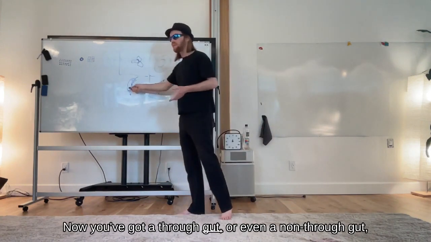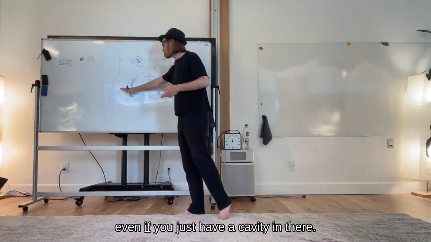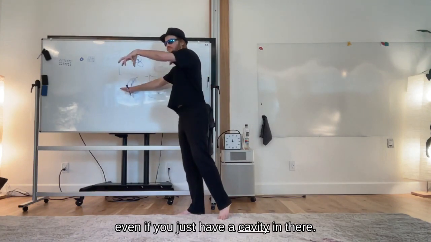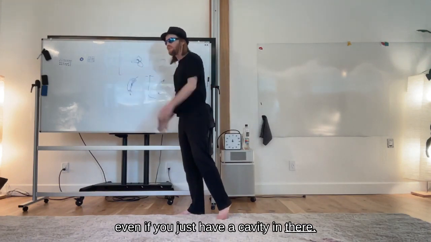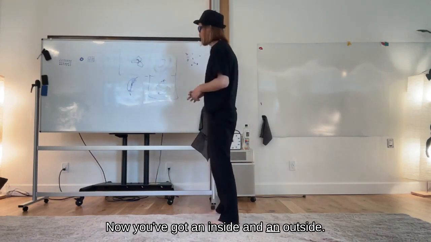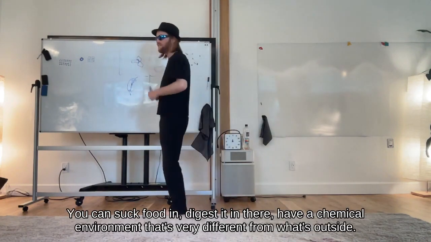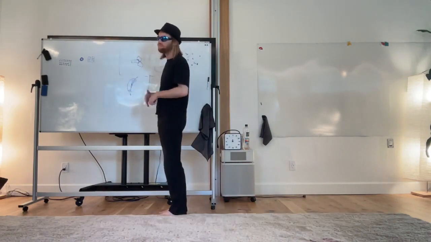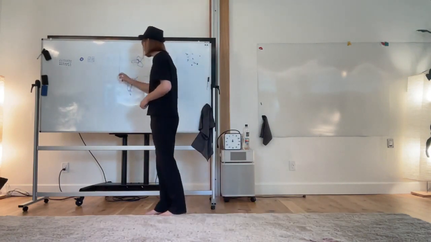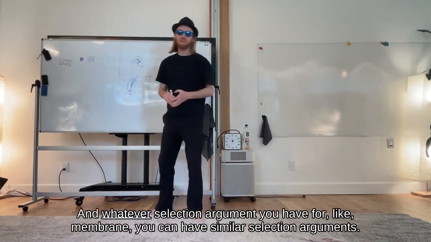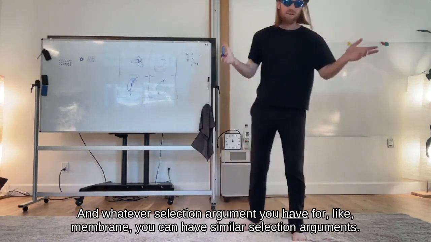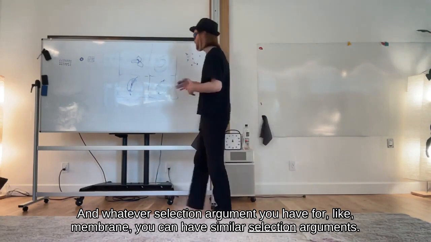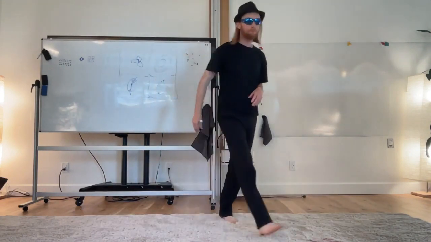Now you've got a through gut, or even a non-through gut, even if you just have a sort of cavity in there. Now you've got an inside and an outside. You can suck food in, digest it in there, and have a chemical environment that's very different from what's outside. And whatever selection argument you have for a membrane can have similar selection arguments here.